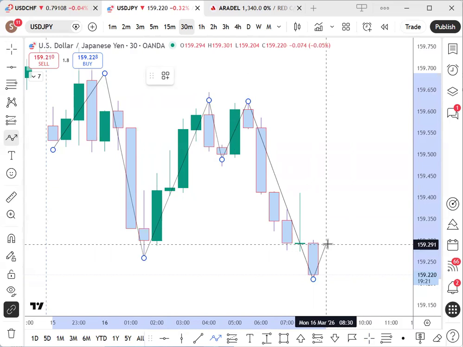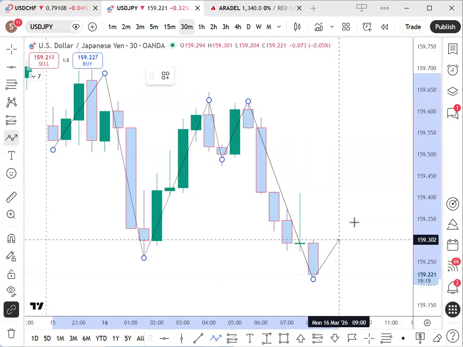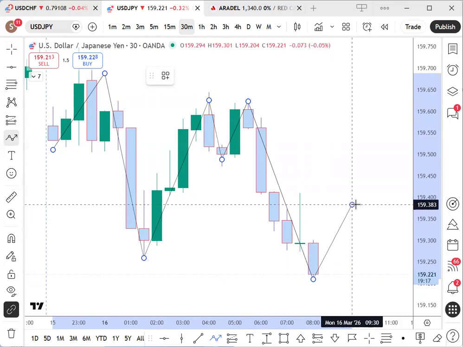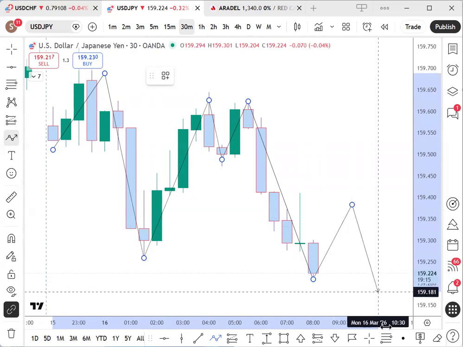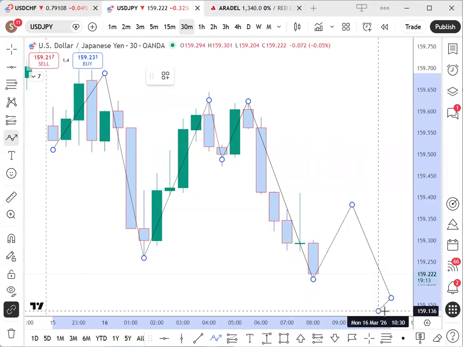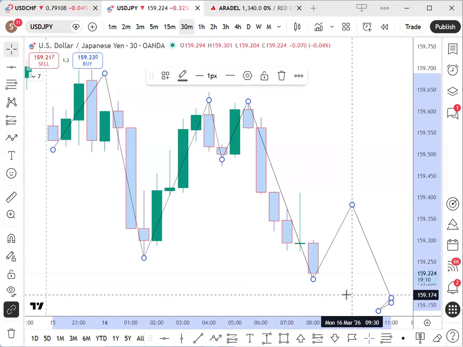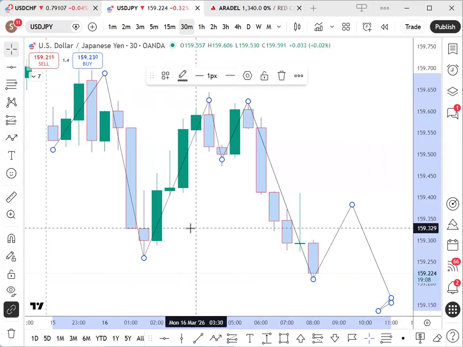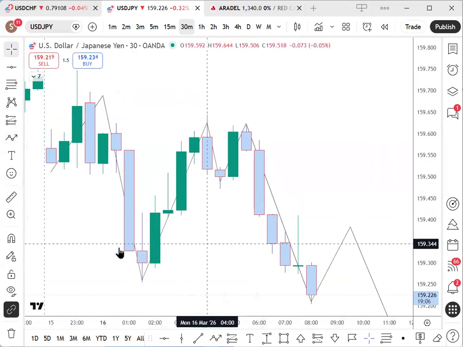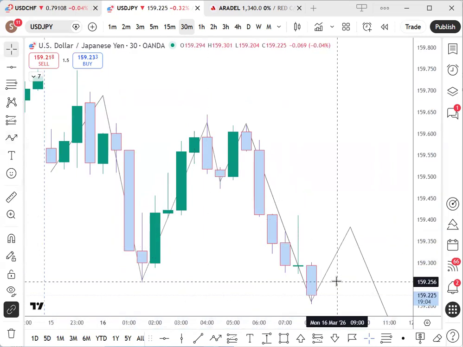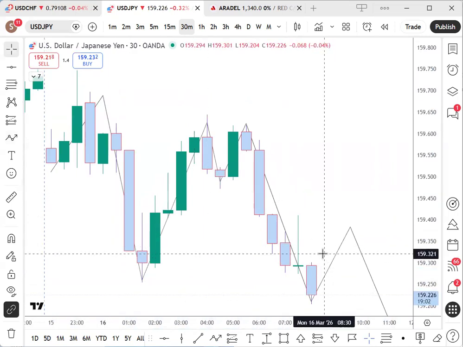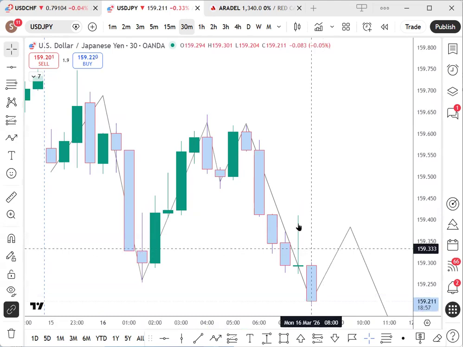Let's see if price will pull back by the time this candle closes. If it will pull back maybe to somewhere there, then we can see potentially if we can push further down with it. And typically speaking, when you talk about correlations, if USD JPY is going down, then you expect things like Euro USD and Pound USD to be pushing up, right?